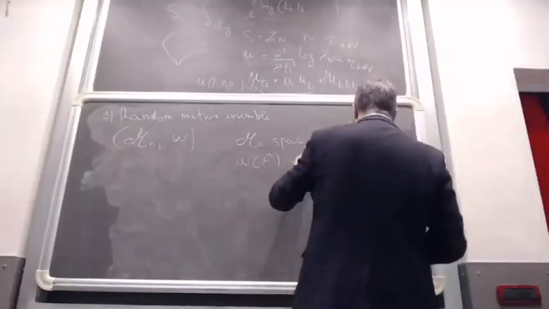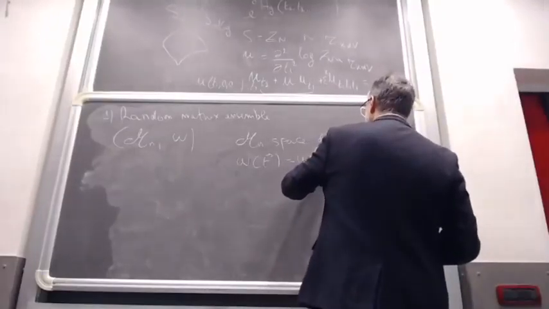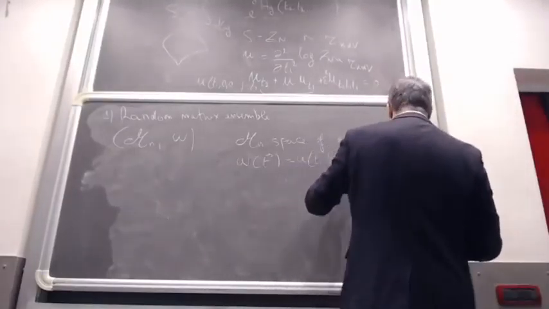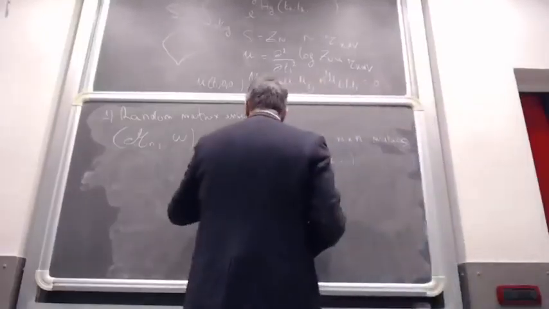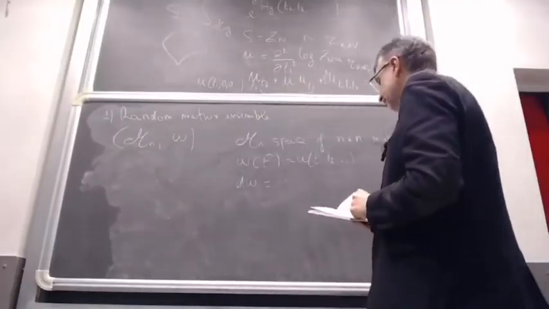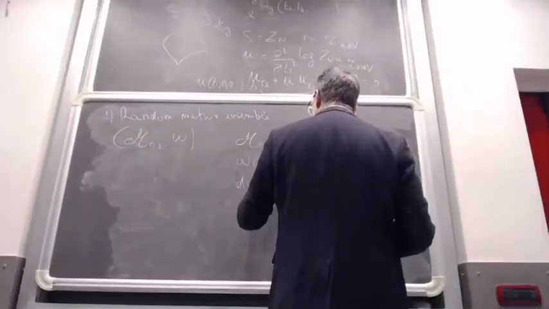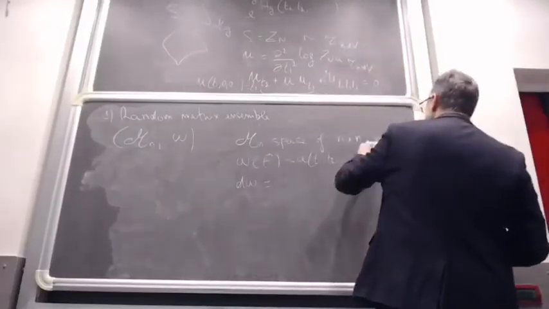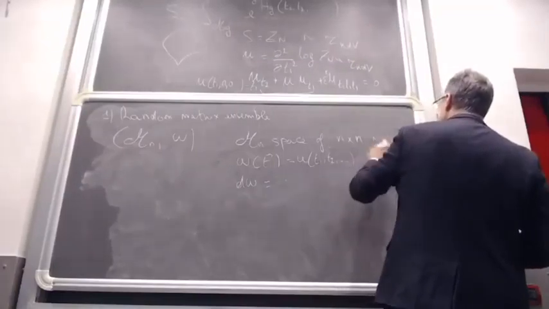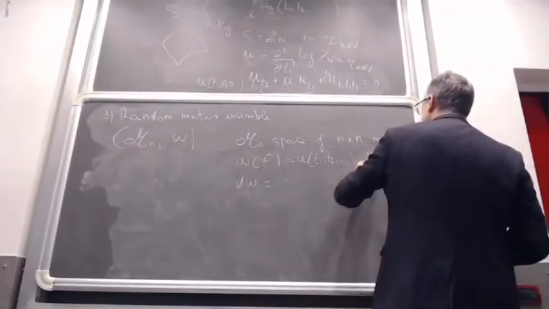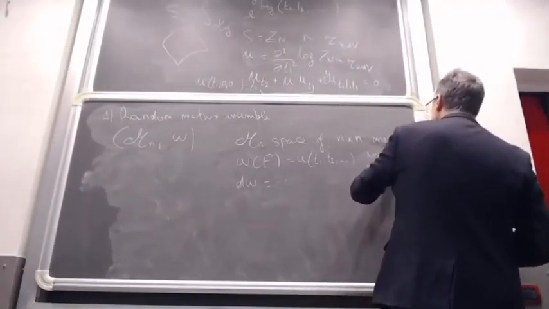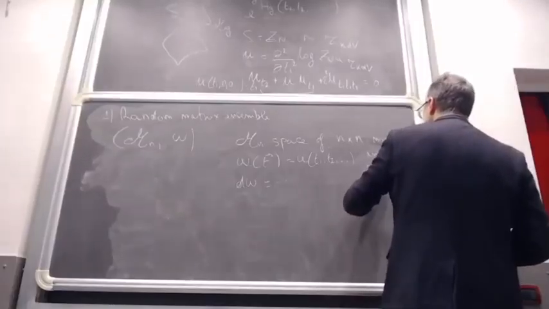So omega will be a function of t1, t2, and so on. And omega is a measure, invariant with respect to a group of transformations.